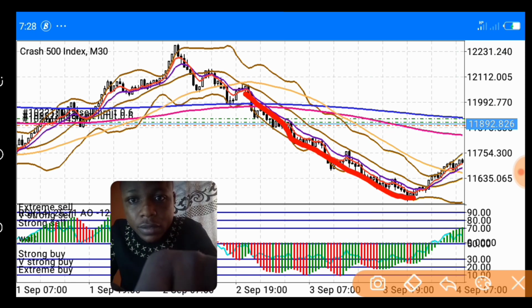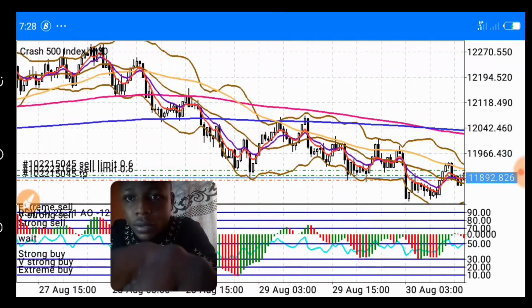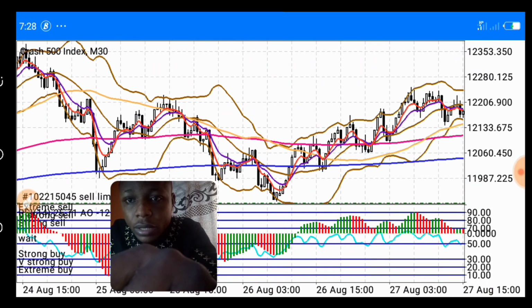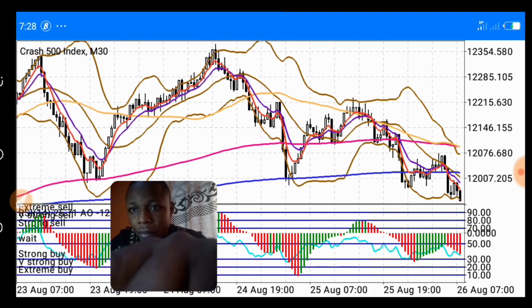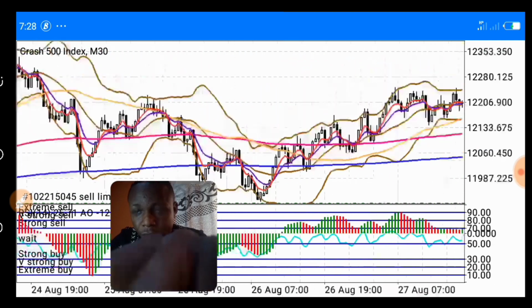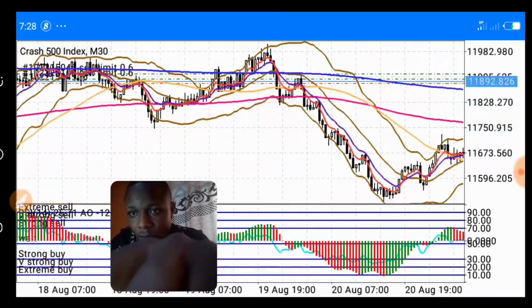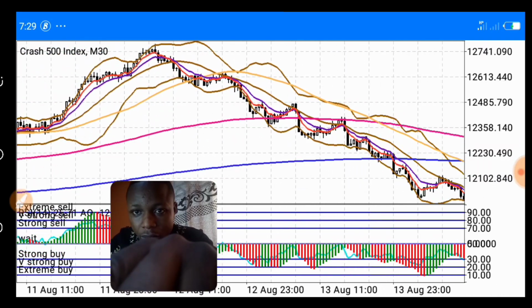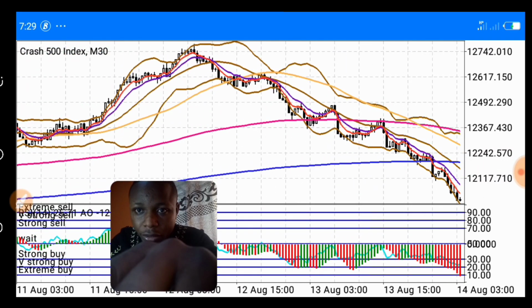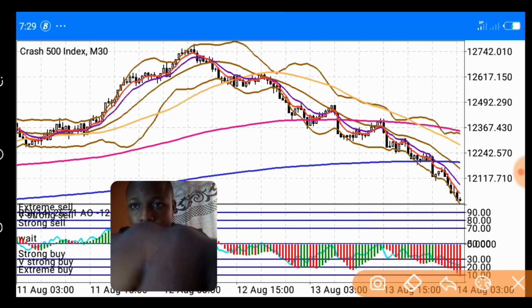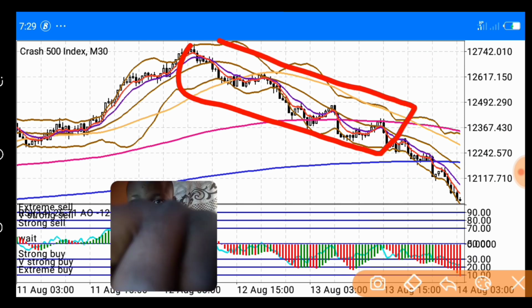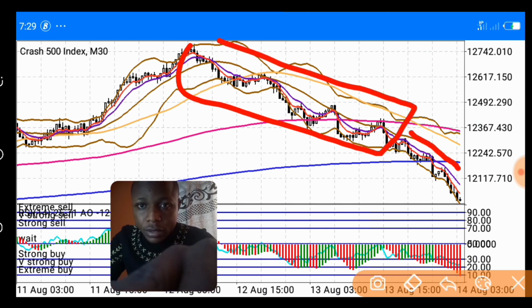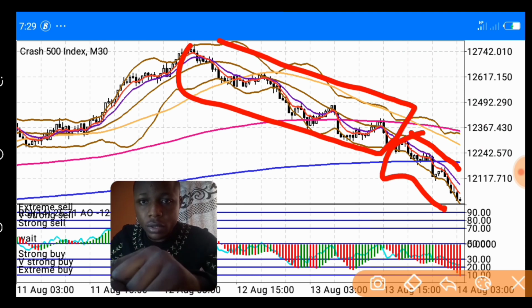Now the characteristics. Let's go back to that swinging trend, either down or up. It can be down, it can be up. So this is an example of a swinging uptrend. Let me see if I can find an example. Okay, this is an example of a swinging downtrend. It swung right from here to here, and from here it broke out again into a strong trend.